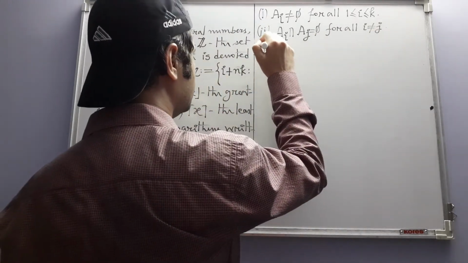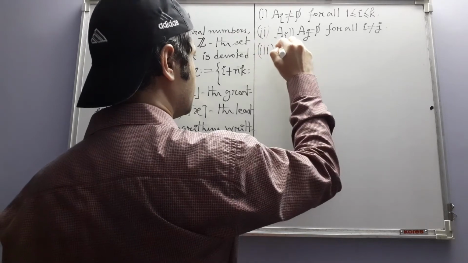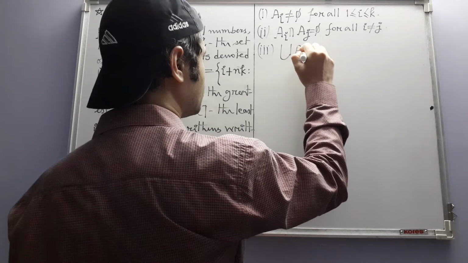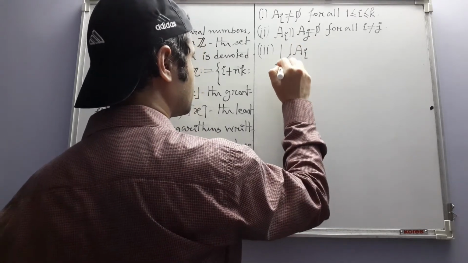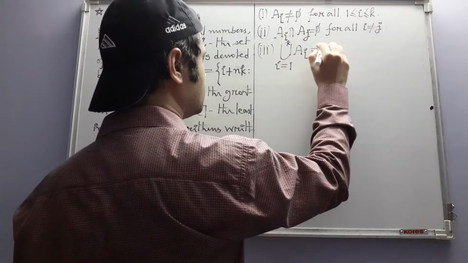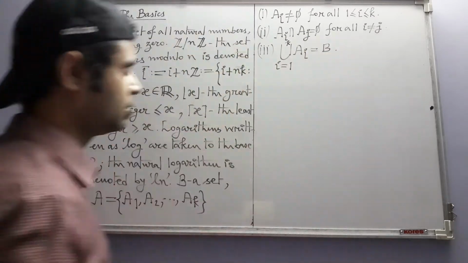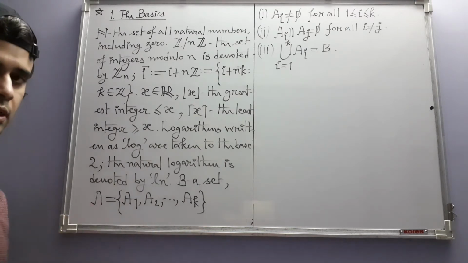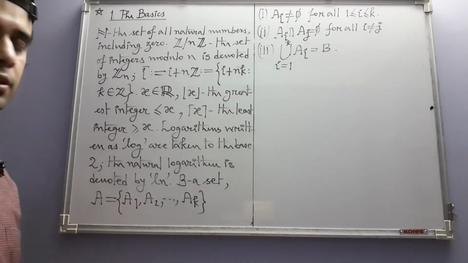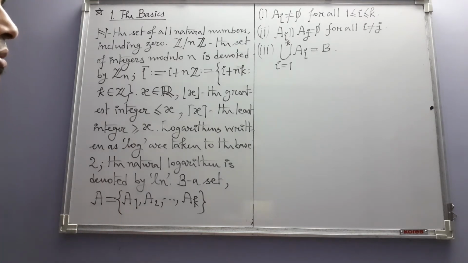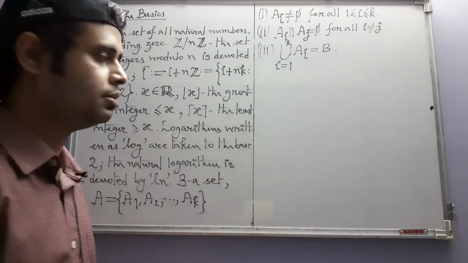And number 3, if we take the union of all these Ai's, all the sets in the collection A, then that union is equal to B. If these 3 conditions are satisfied by such a collection, then such a collection is called a partition of the set B, or is said to partition B.